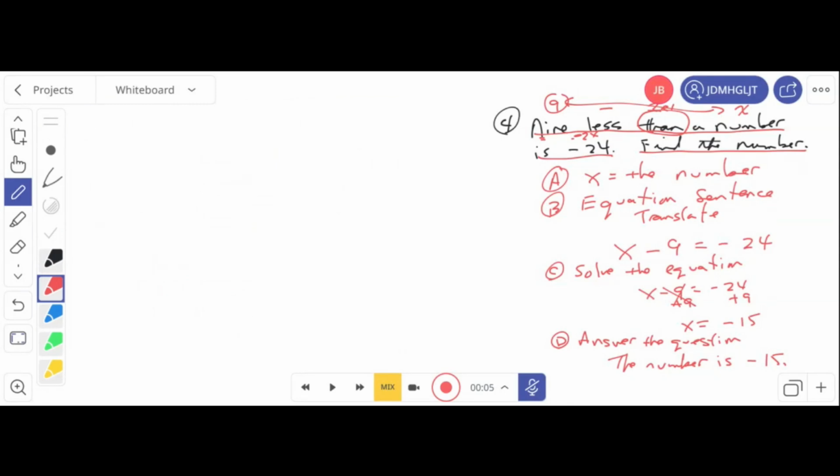Now look at number 5. Number 5 is worded a little bit different.